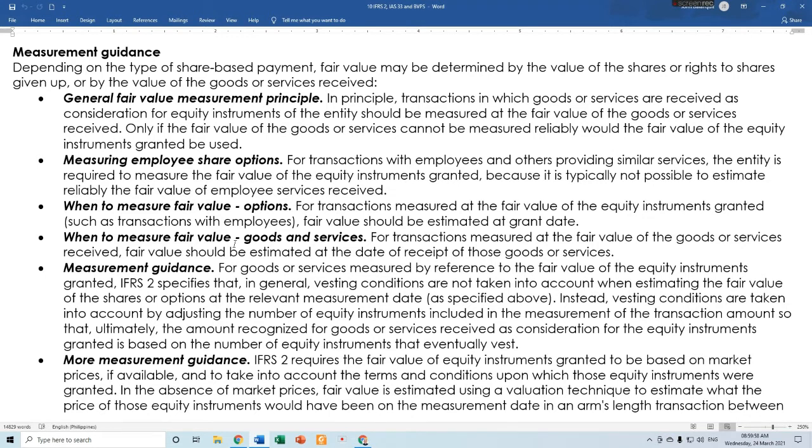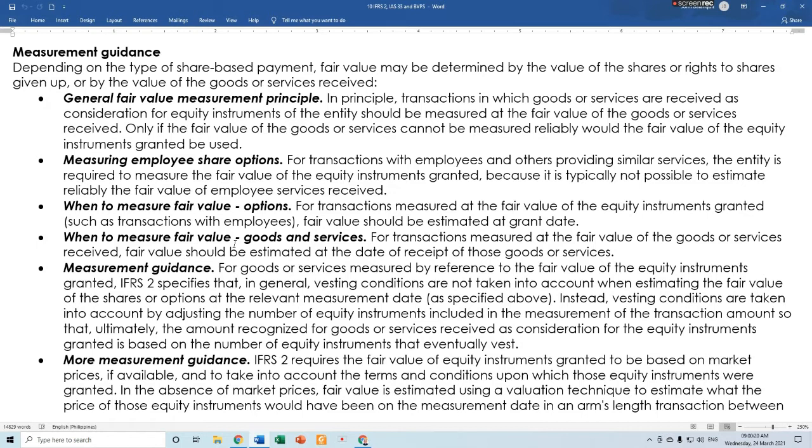Okay? So, as a general rule, ang priority natin is yung fair value nung natanggap nating goods or services. Tapos, kapag hindi available yung fair value ng goods or services, then that's the only time that we will use the fair value of the equity instrument granted. Okay? Or yung provide natin.